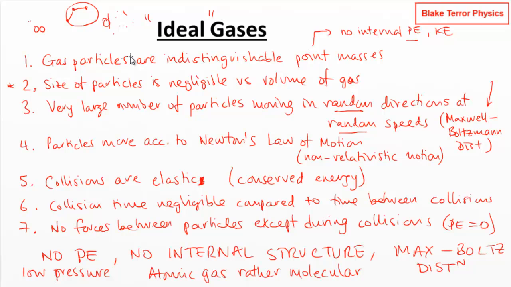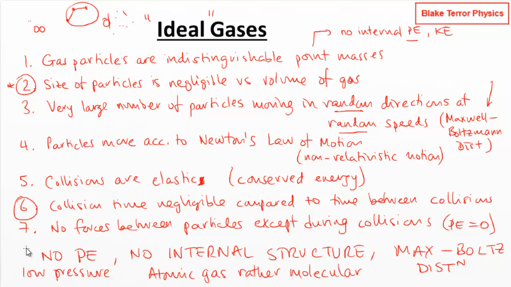So if you've got a few particles in a massive volume, well, that really fits in with assumption 2. We're going to have a low pressure gas. You start increasing the pressure, you start putting more and more particles in. Well, 2 starts having a bit of a problem.